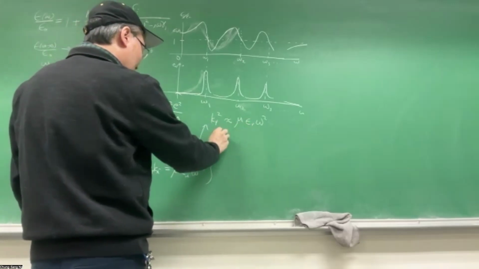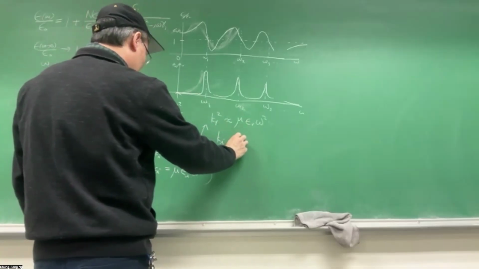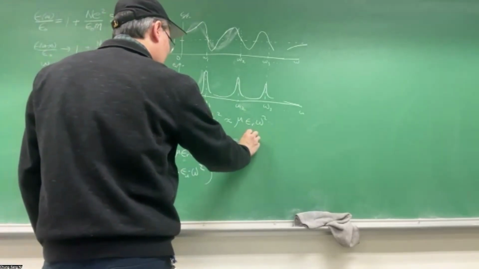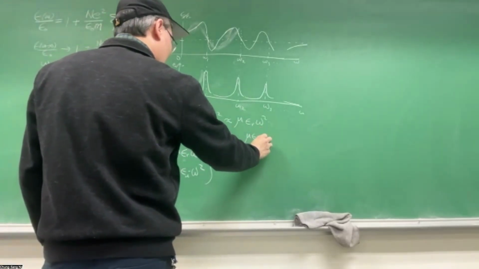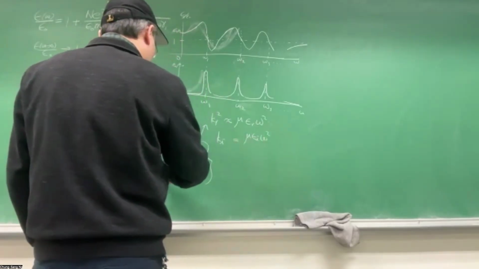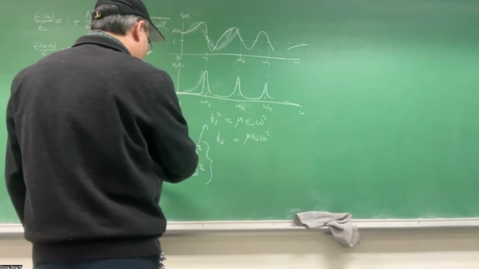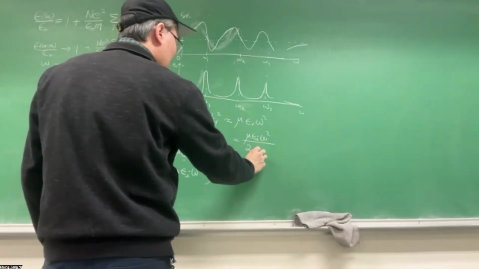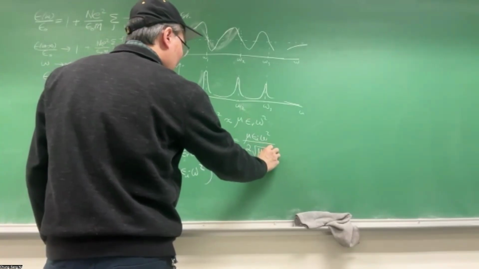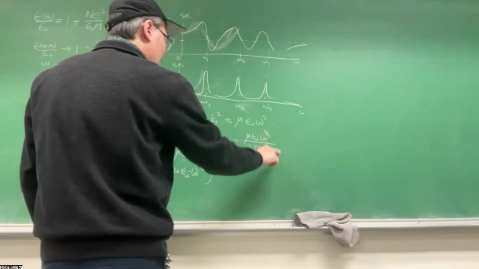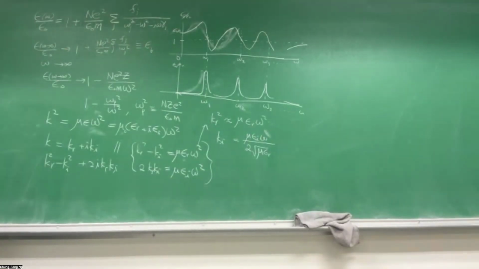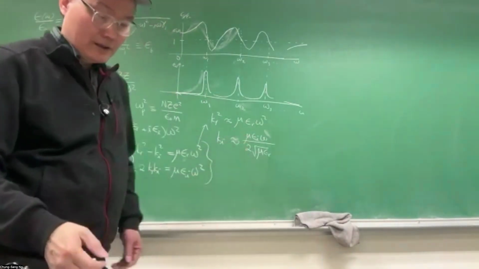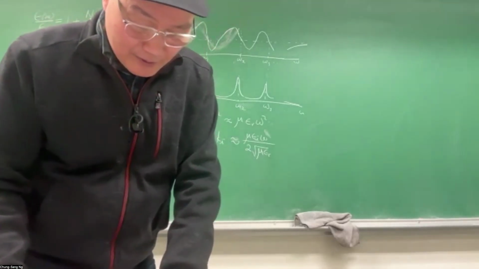In the case of k_I small, you can solve this equation. k_R is the square root of this one, and omega cancels. So approximately.